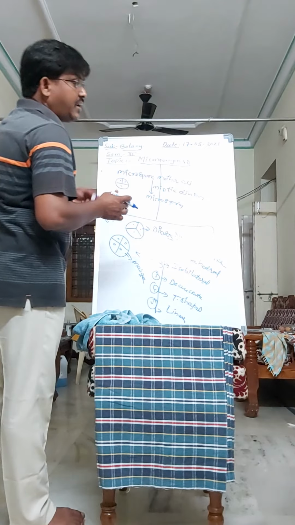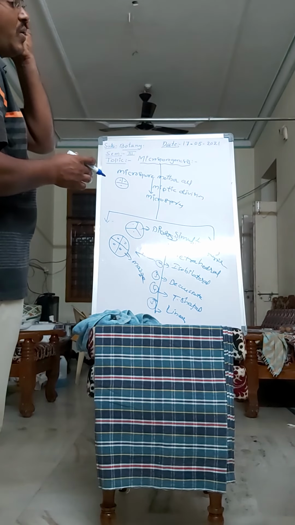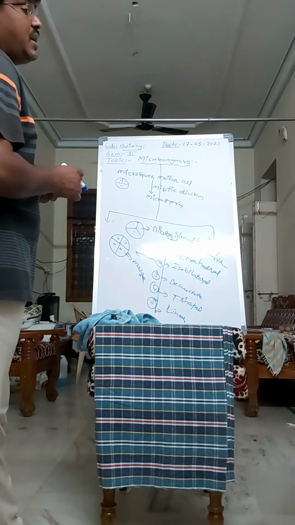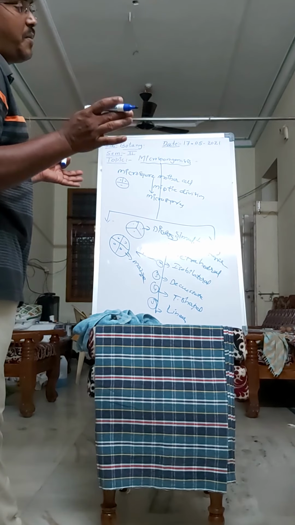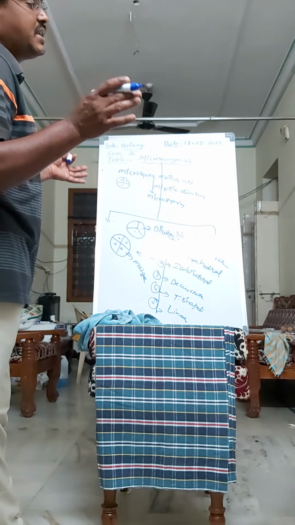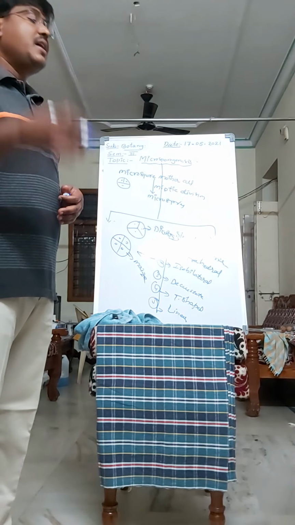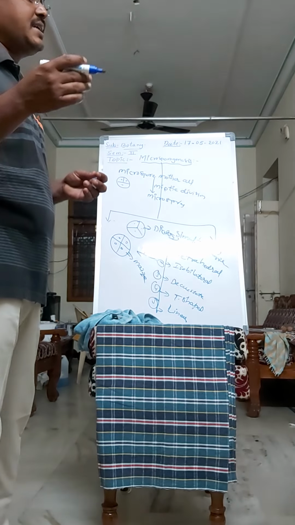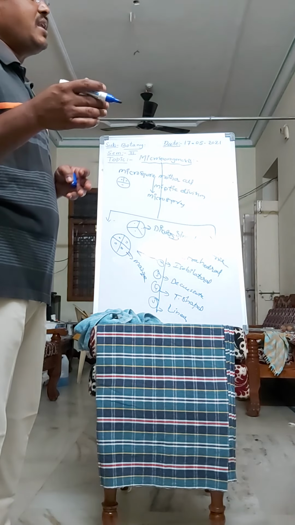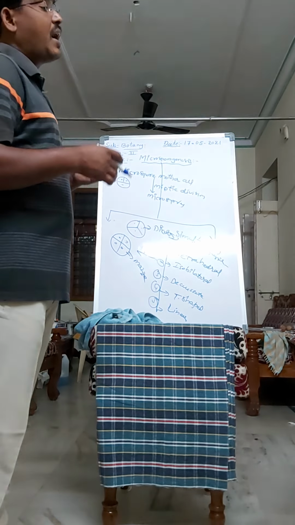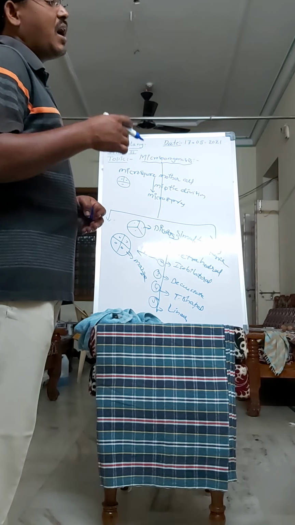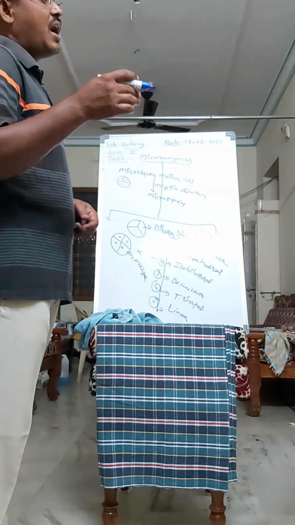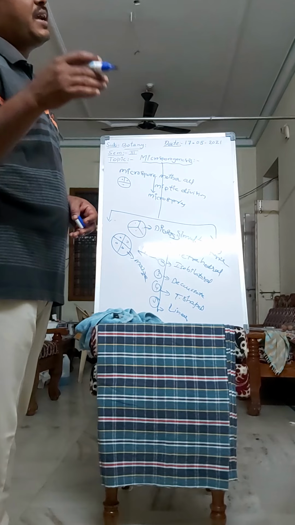And the fourth one is T-shaped. In this T-shape, the microspores are arranged in pairs. Two microspores are arranged side by side, while the other two are arranged one above the other. So it looks like a T-shape.